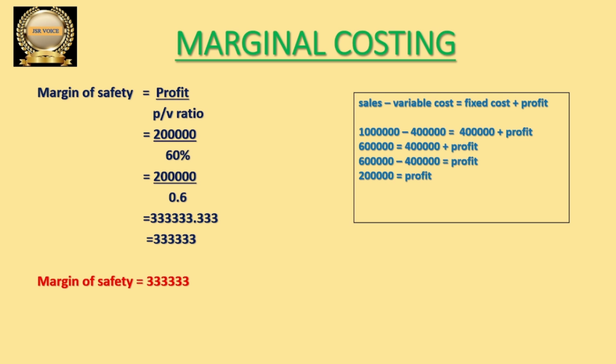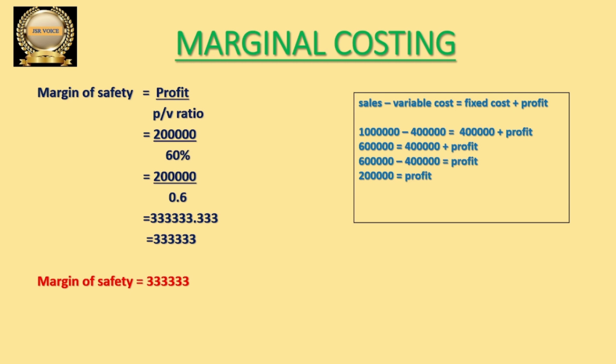If you calculate in the calculator, how do we calculate 60%? 60 by 100. 30% means 30 by 100. You just do that calculation in the calculator. Here it is 60%, so you have to type 60 divided by 100 is equal to, you will get 0.6.